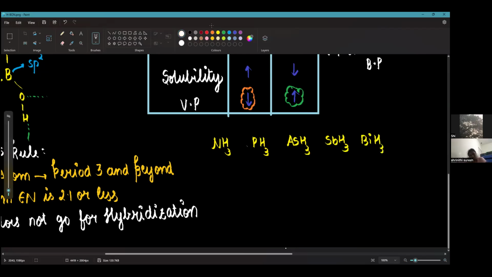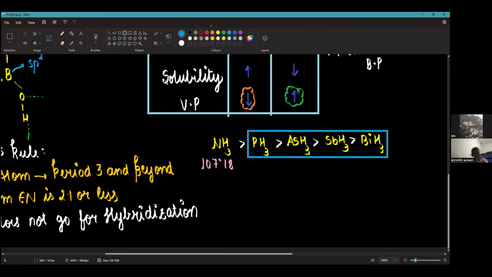So the bond angle decreases. The bond angle for ammonia is about 107 degrees 18 minutes, and for the rest of them it is close to 90 degrees, meaning 94, 93, 92, 91 like that.